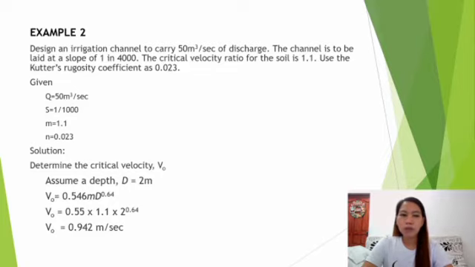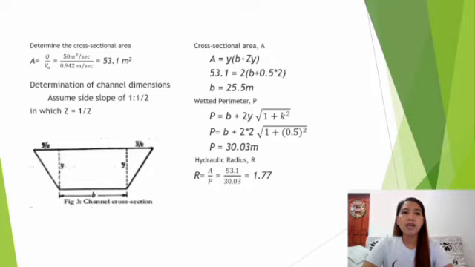The second step is to determine the cross-sectional area. From the discharge equation, A is equal to Q over V, where V is the critical velocity. So 50 cubic meters per second over 0.942.